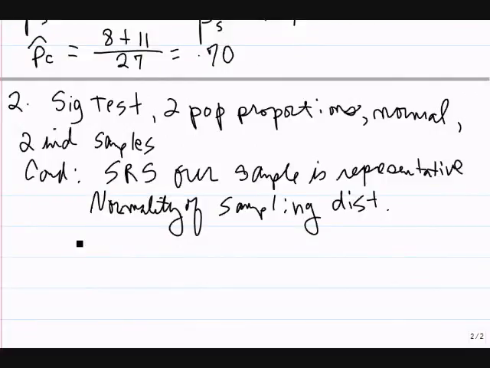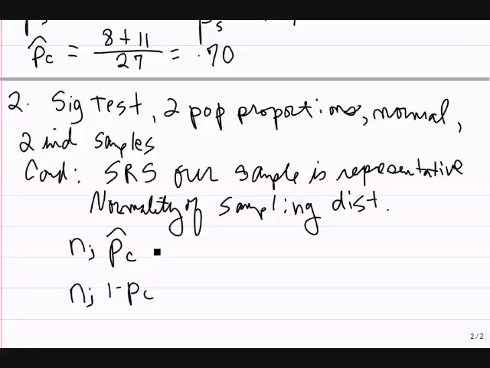I have to check, again, 4 times, but I'm going to check n1 times my pooled proportion, and n1 times 1 minus my pooled proportion. My n1, I'll call that juniors. And how many juniors is that?